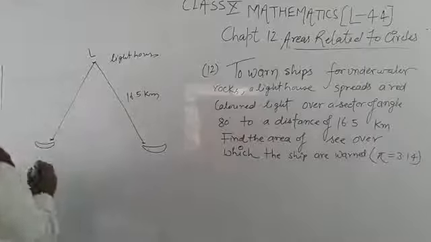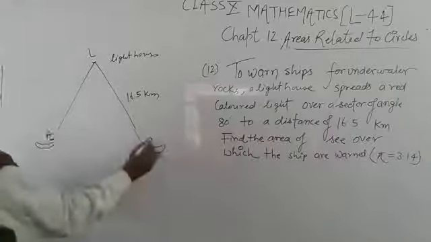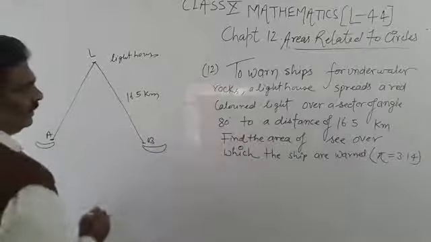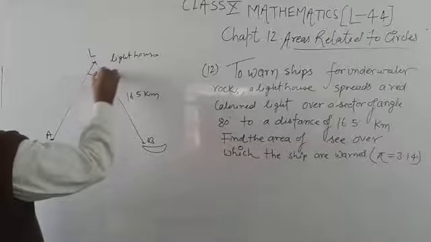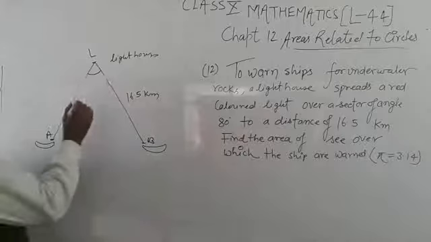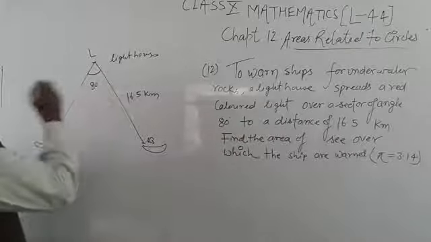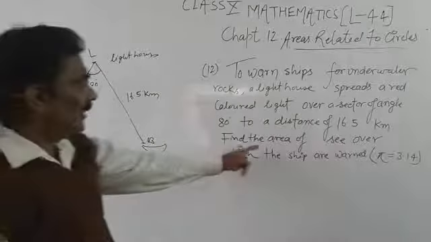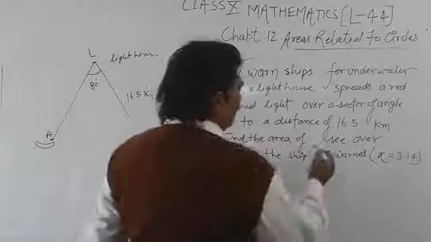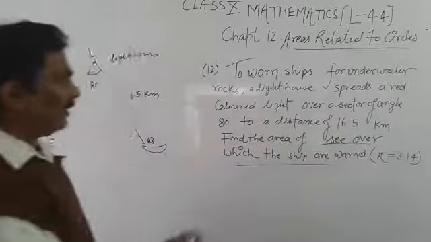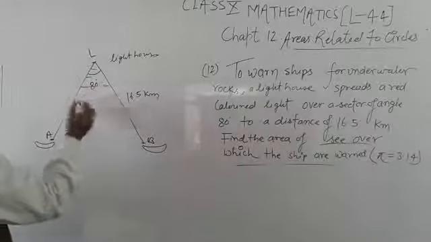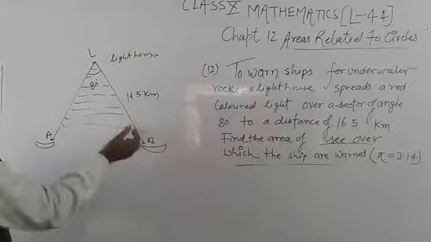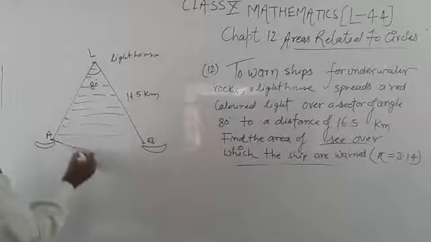Lighthouse is L, suppose, and A and B are 2 ships, and the angle between these 2 ships at the lighthouse is 80 degree. Okay students, now we have to find the area of sea over which the ships are warned. The area over sea means this area of sea over which ships are warned from the lighthouse.